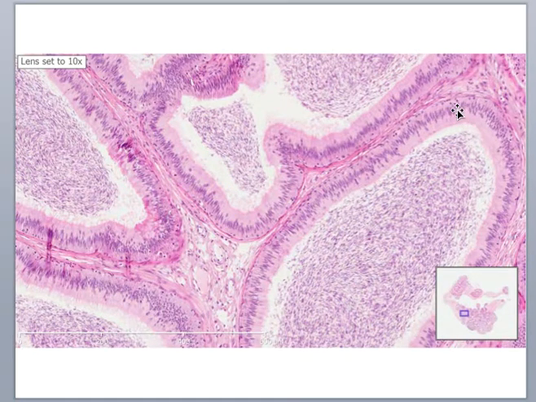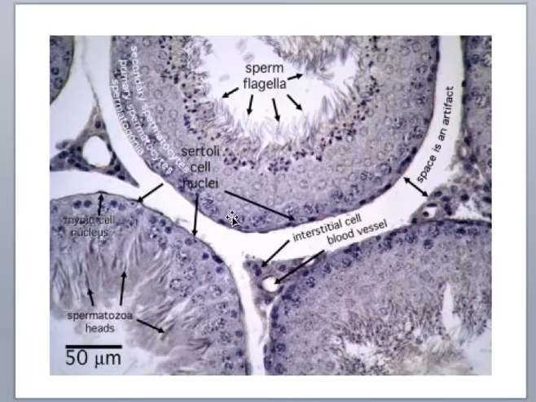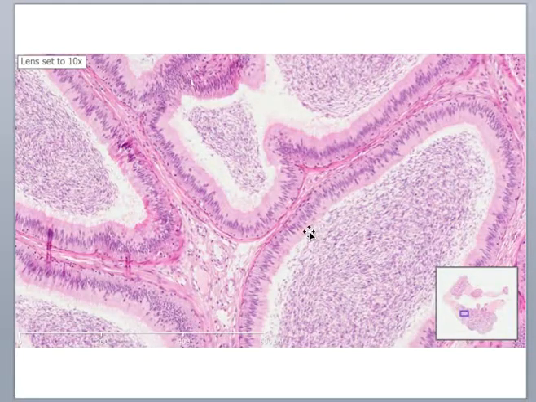Here's the epididymis, and I know that because we still see tubules, but if you look at the epithelium, there are multiple layers of cells in the seminiferous tubules. Although the nuclei of these cells are somewhat jumbled, you can tell that this is a single layer of cells.